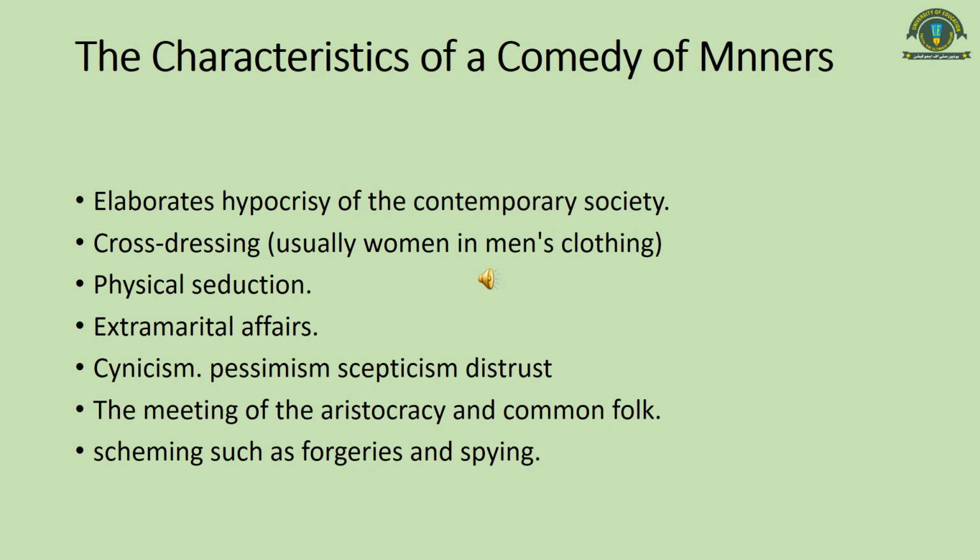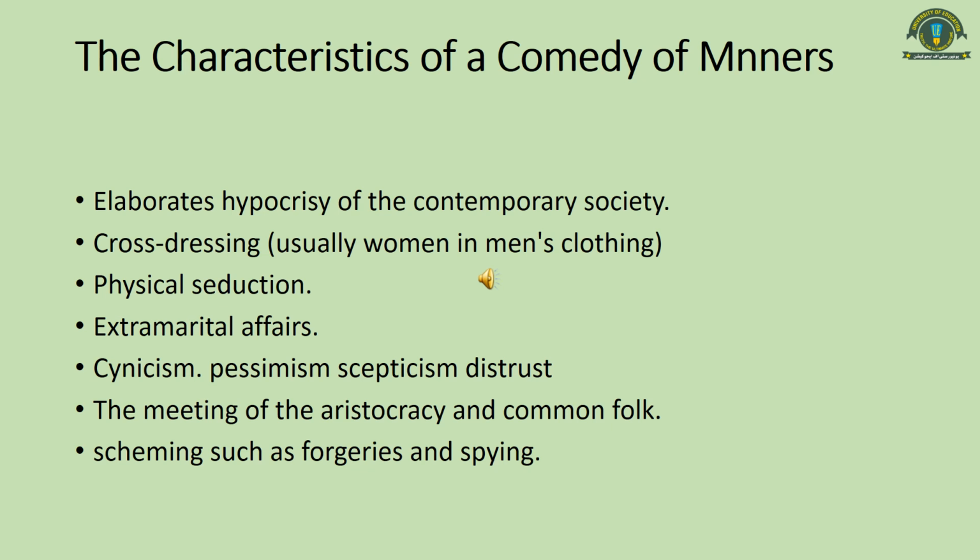have been discussed by the writers, and writers like Sheridan. Cynicism or pessimism or skepticism are about the uncertainty of life, about the hopelessness and the gloomy aspects of life, and these elements are also found in such comedies.